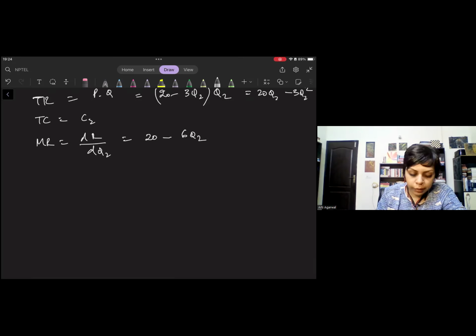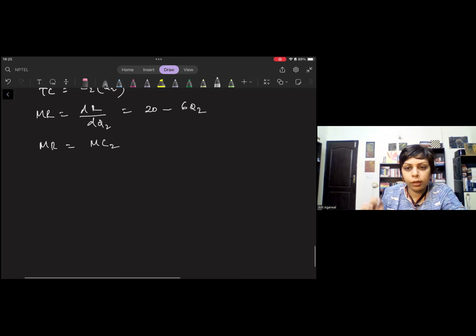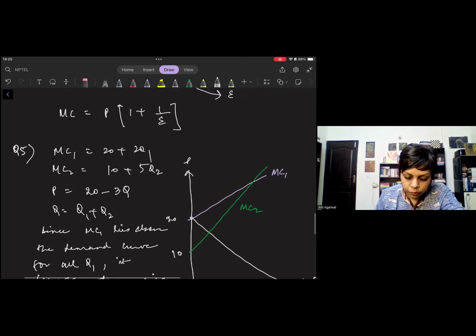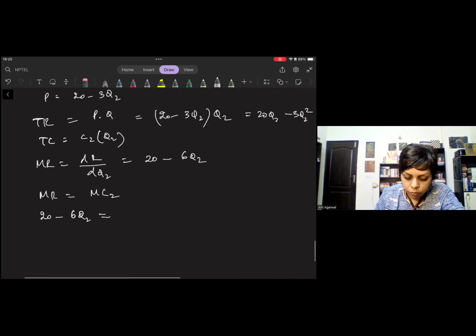Because only one is operating, marginal revenue is equal to marginal cost of 2. The total cost is only the cost incurred from the second factory; there's no cost from the first factory. So we have 20 minus 6 Q2 equal to 10 plus 5 Q2.